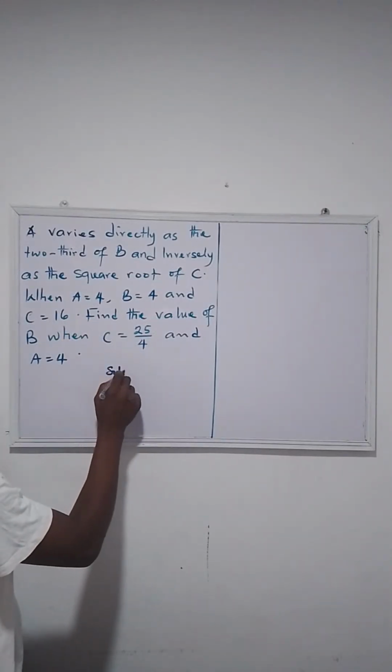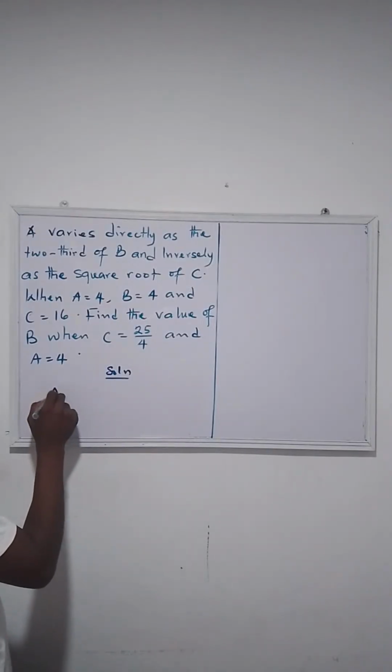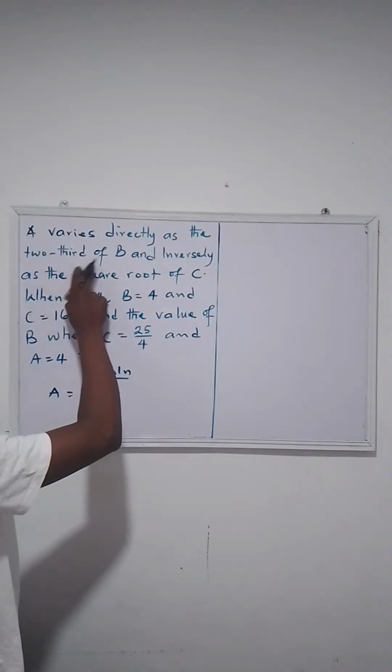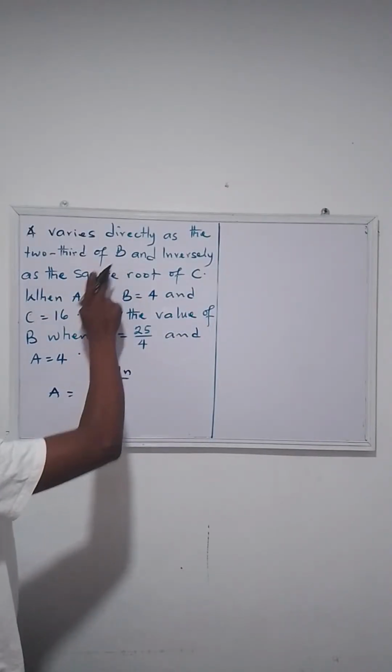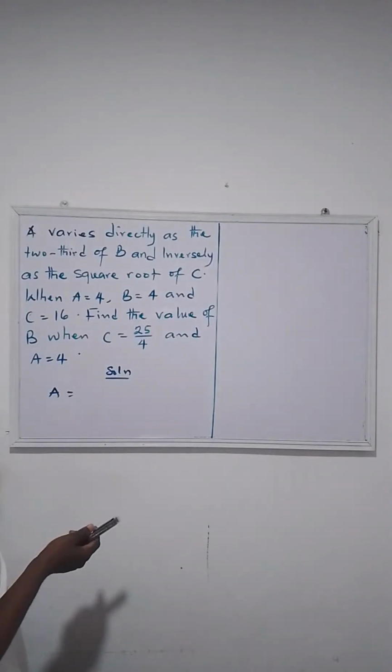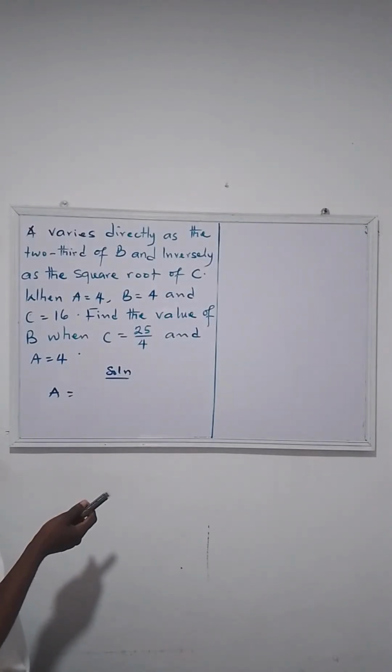So we have that A varies directly as two-thirds of B. Since it's a partial variation, we have to introduce a proportionality constant.